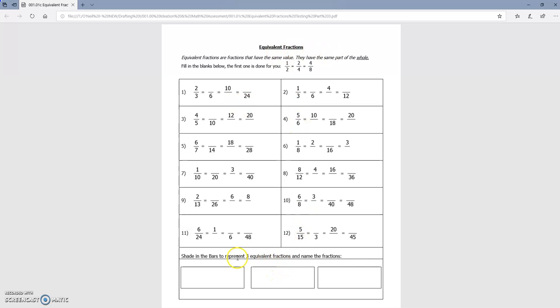In the end, wrapping things up, what you're going to do is you're going to represent shaded bars to represent 3 equivalent fractions from left to right. So it could be anything you want it to be. Just know that you're going to subdivide each rectangle to represent some fraction, and all 3 have to have the same value, much like what we've reinforced already.